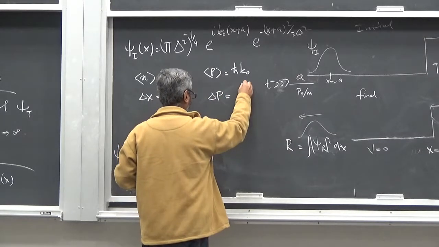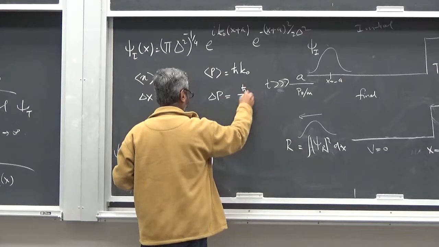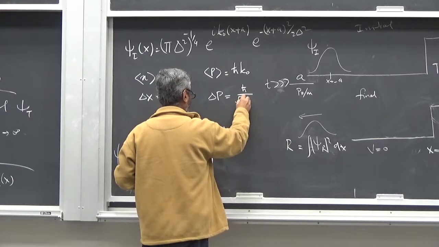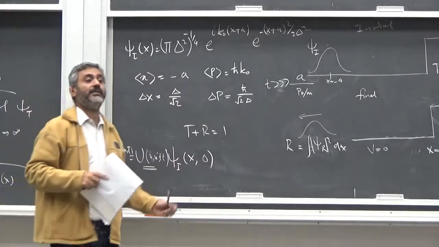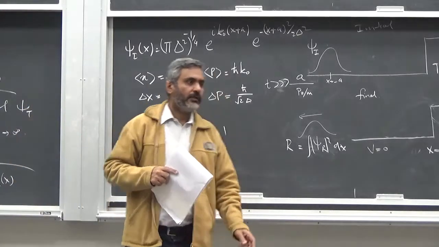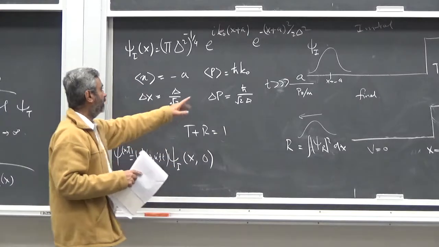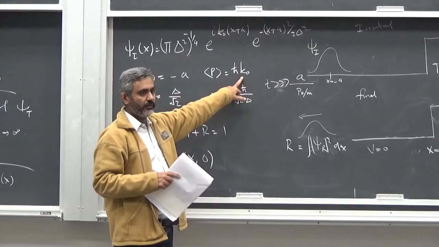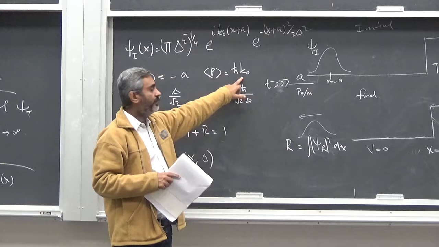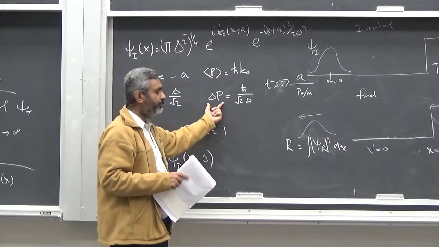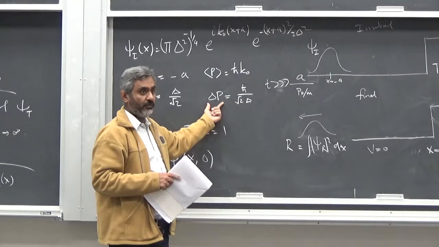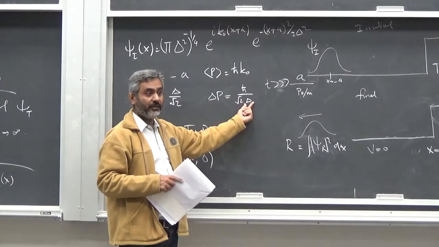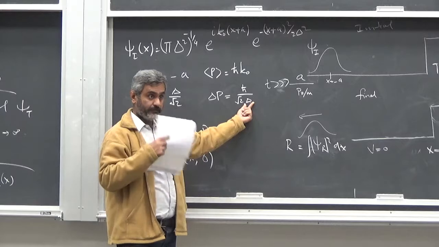डेल्टा P होगा 1 h cut over square root of 2 डेल्टा। अब यहाँ से देखें, यहाँ से आपको पता लगेगा पीक का मतलब क्या है। जब कहते हैं कि इसको पीक होना चाहिए K naught पर मोमेंटम स्पेस में, उसका क्या मतलब है? इसका मतलब है डेल्टा P should be very small, which means delta should be very large.